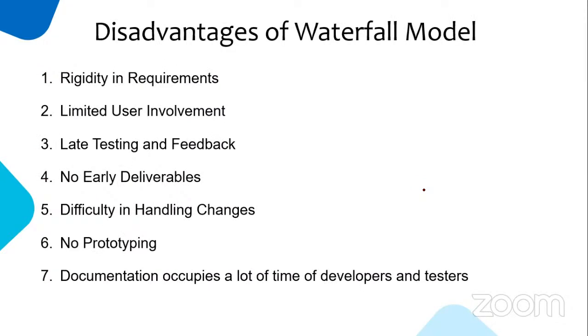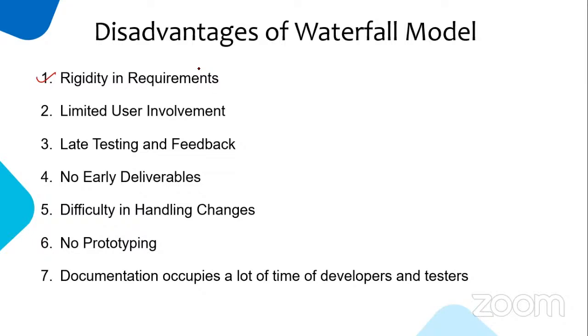Now comes the disadvantages of this particular waterfall model. Rigidity in requirement. It means they're fixed. Yes, this is a requirement, and that is a little bit of an issue when you fix a particular requirement and later updating is not allowed, it may end up in a wrong direction. Maybe what if that was wrong?